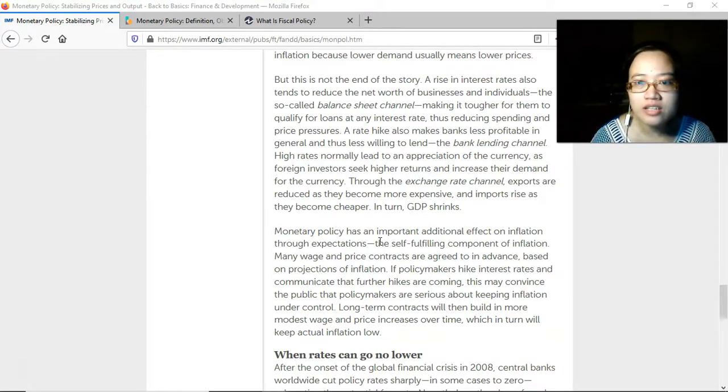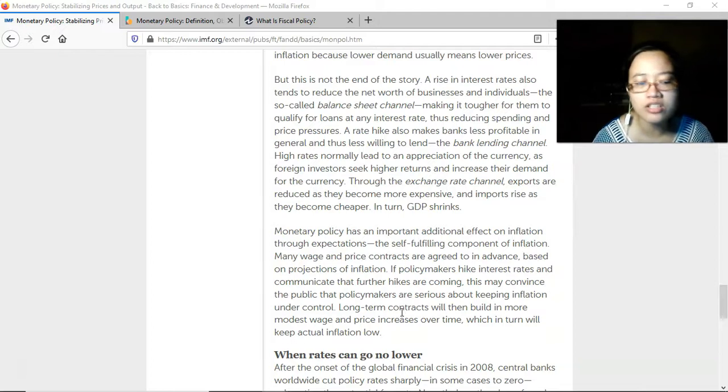Monetary policy has an important additional effect on inflation through expectations, the self-fulfilling component of inflation. Many wage and price contracts are agreed to in advance based on projections of inflation. If policymakers hike interest rates and communicate that further hikes are coming, this may convince the public that policymakers are serious about keeping inflation under control.